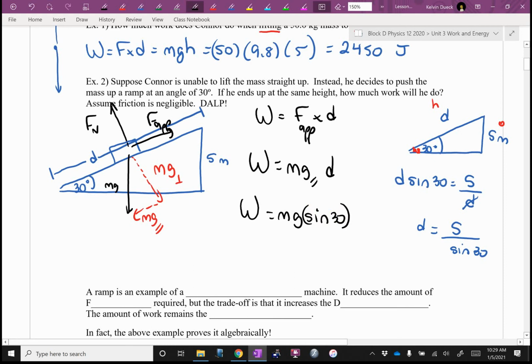And then what did we say d was equal to? 5 divided by sine 30. What happens to the sine 30s? In fact, you know what?